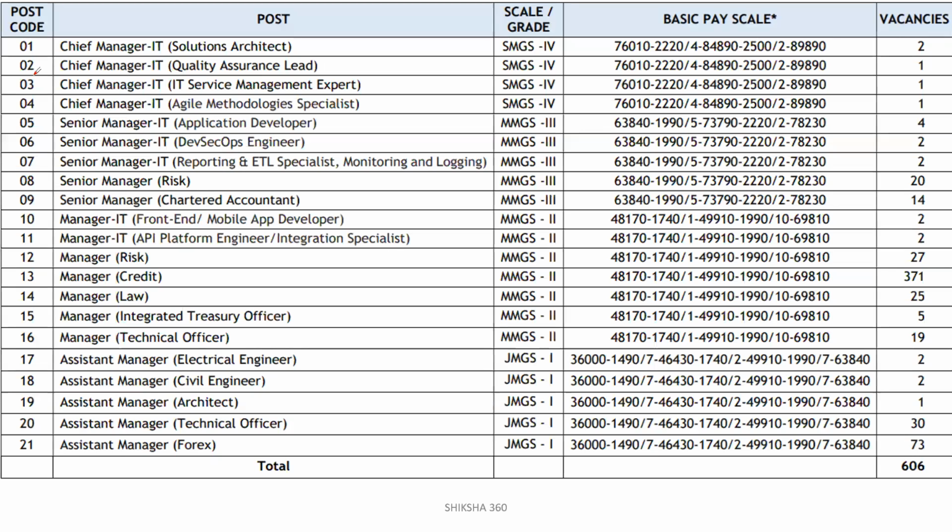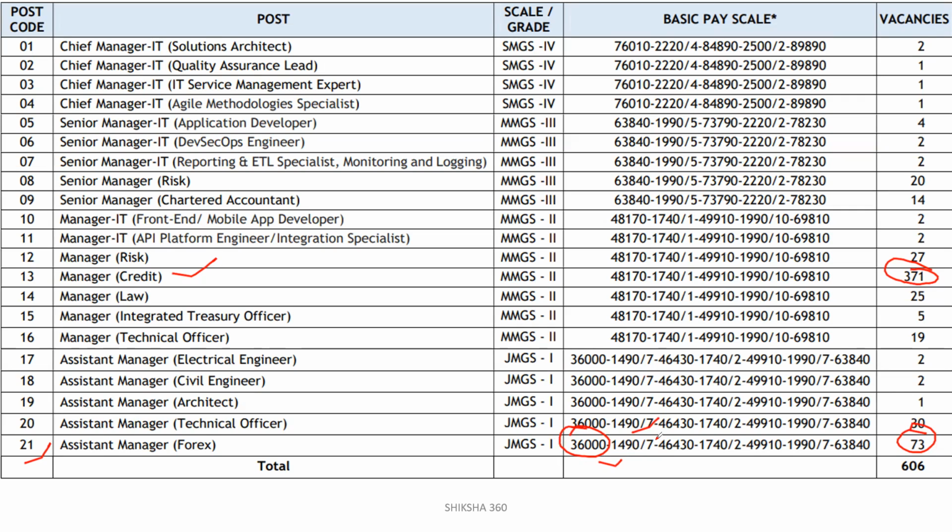So they have released a total of 21 different types of vacancies. Out of that, the maximum vacancies are, first, in the category of Manager Credit, and second, in the category of Assistant Manager Forex. Their starting salary is 36,000, and after that, continuously for 7 years, the increment every year is 1490 in the basic.